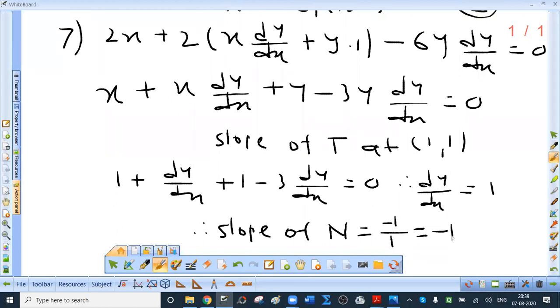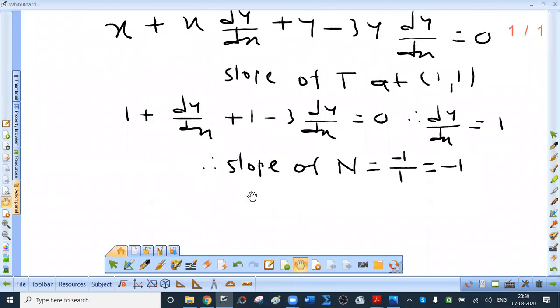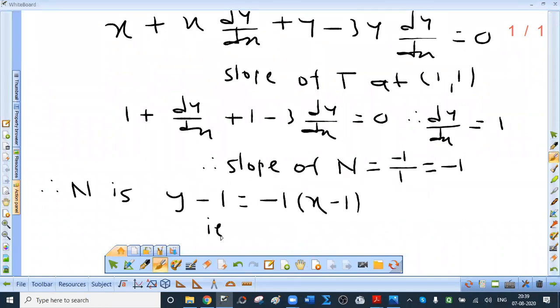Normal also passes through the same point 1, 1. So we get equation of normal. Write down. What will be the equation of normal? y minus 1 equal to minus 1, x minus 1, that is y equal to 2 minus x.